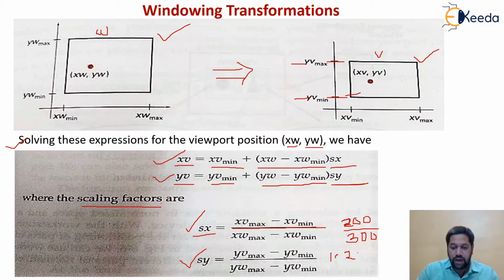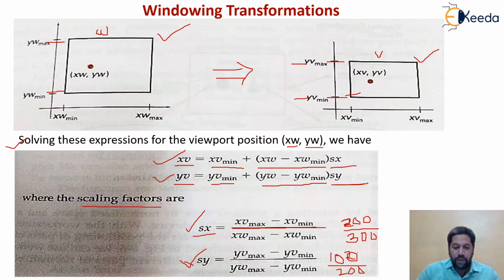This is divided by yw maximum minus yw minimum. In the previous slide we considered yw minimum as 100 and yw maximum as 300, so the difference is 200. So I have 100 divided by 200, which is 1 by 2, or 0.5.